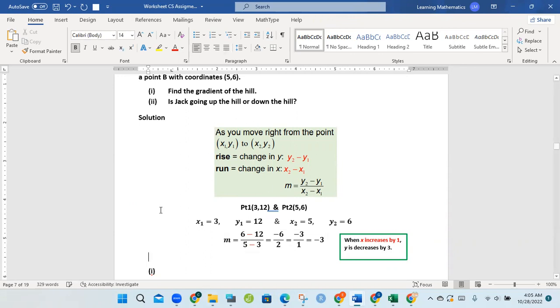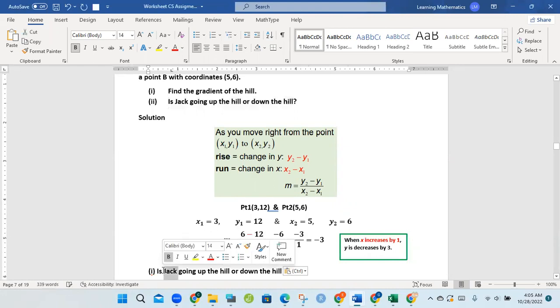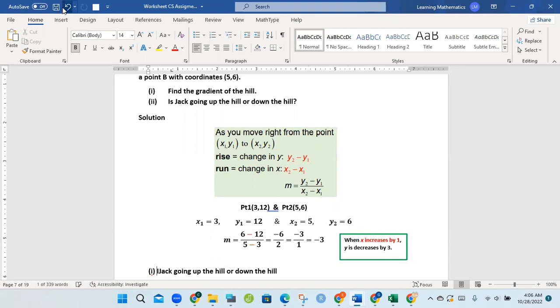Jack is going down the hill, because when x increases by 1, y decreases by 3. Decreases mean going down.